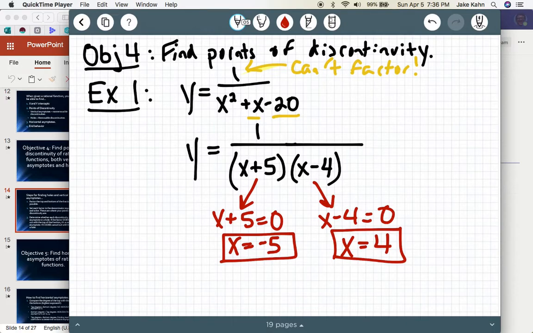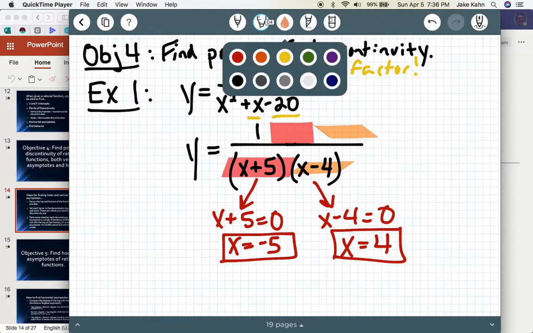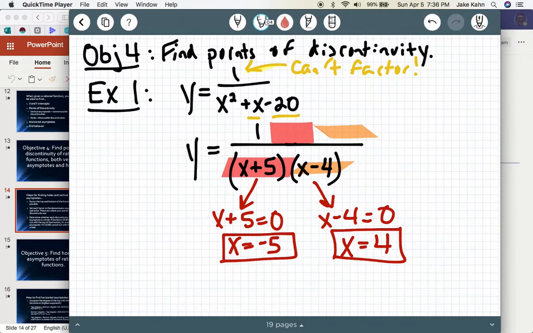To determine that, you just simply say, do they cancel out with the top? Does x plus 5 cancel out with the top? No, there is not an x plus 5 up here. Does x minus 4 cancel out with the top? No. You would see x minus 4 up here if it did. So both of these don't cancel out, which means that both x equals negative 5 and x equals 4 are vertical asymptotes.